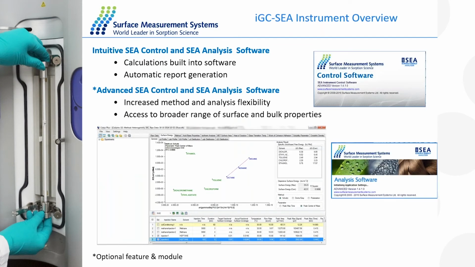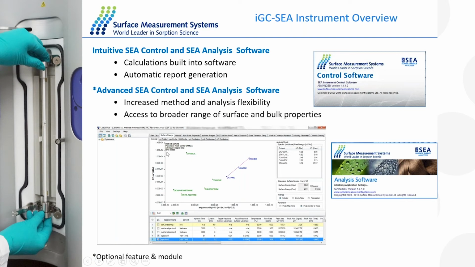The system has two softwares. One is a control software, which is directly linked to our iGC-SEA system, and this is where we make our experiments and program them into our system. We also have an analysis software, and this is where you analyze your peaks, so you obtain retention times, and you automatically calculate different properties.